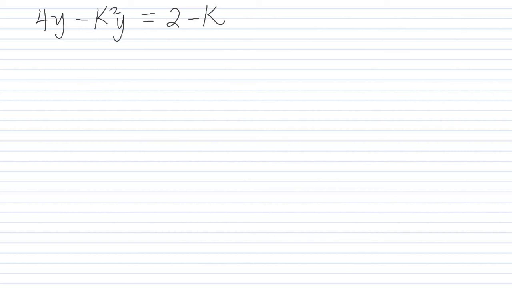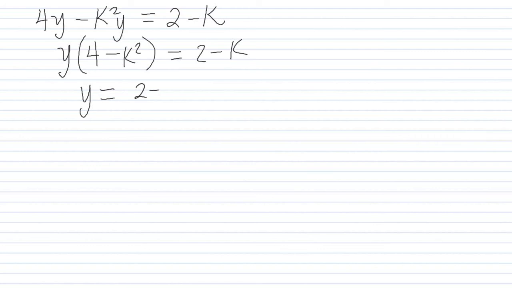Well, we have the main variable here. Main variable is y. We can make y the subject of the formula. So we can factor out y first and have y times 4 minus k squared equals 2 minus k. Making y the subject of the formula, we have y equals 2 minus k divided by 4 minus k squared.